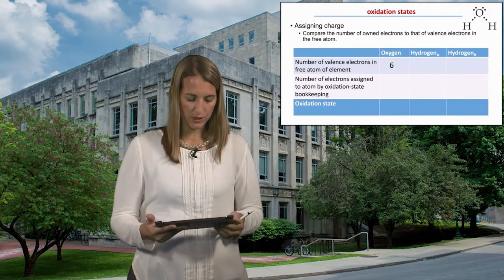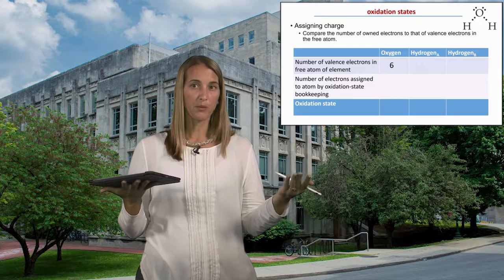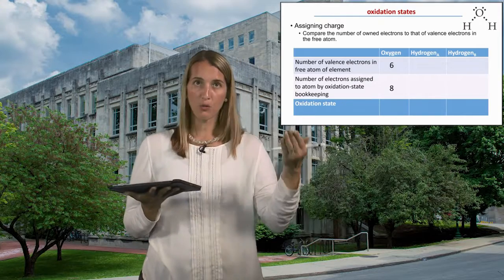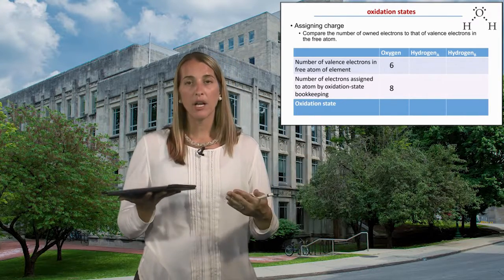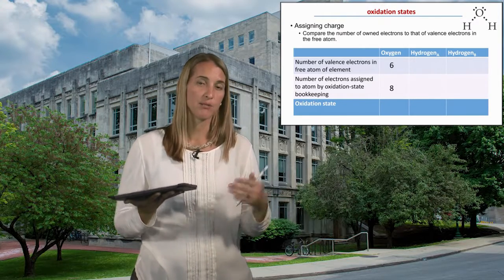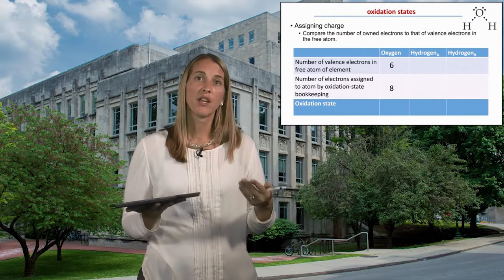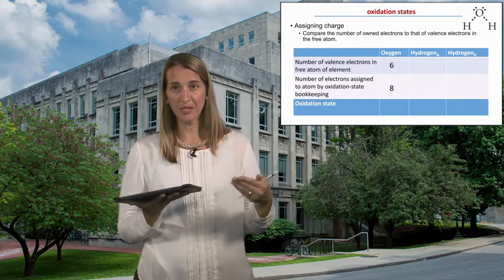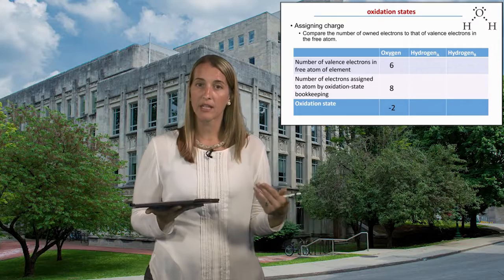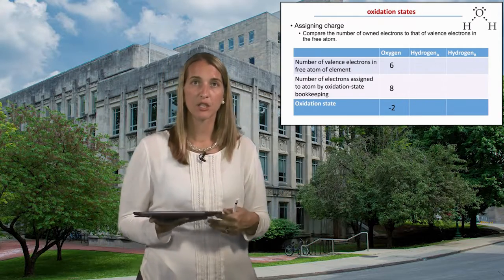So for the oxygen, it normally would come in with 6 valence electrons. We said that it gets to count the lone pairs, so that was 4, plus it gets to count both the electrons in the bonding pairs because oxygen is more electronegative than the hydrogen. So it gets to count 8 there. So when you subtract here, we'll get -2. So 6 minus 8 is -2.